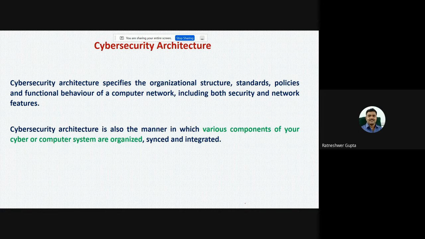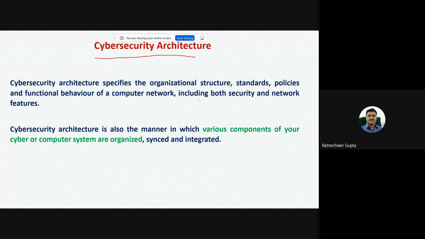So I just take a simple domain example, that is the cyber security architecture. This cyber security architecture specifies the organizational structure, standards, policies and functional behavior of a computer network, including both security and network features.